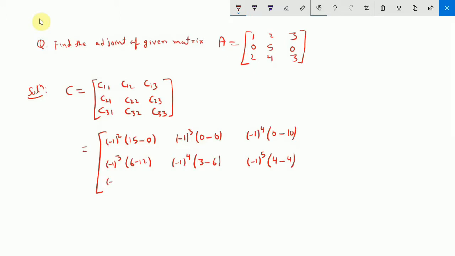Next, C31 will be minus 1 to the power 4, and we will have 2 into 0, that is 0, minus 5 into 3, 15. Then C32: minus 1 to the power 5, and it will be 1 into 0, 0, minus 3 into 0, it will be 0 only.